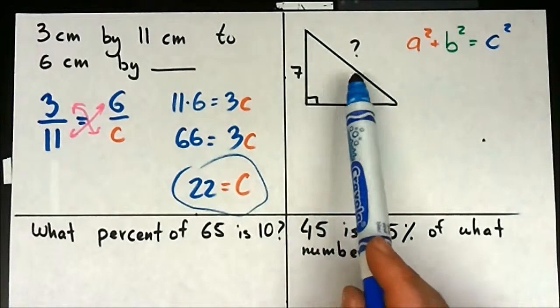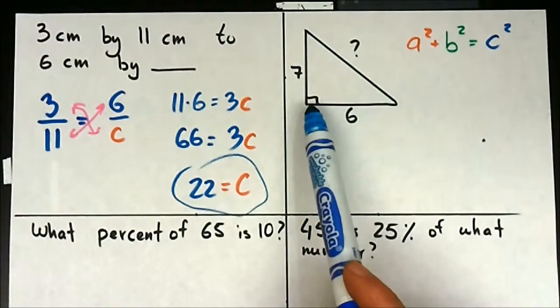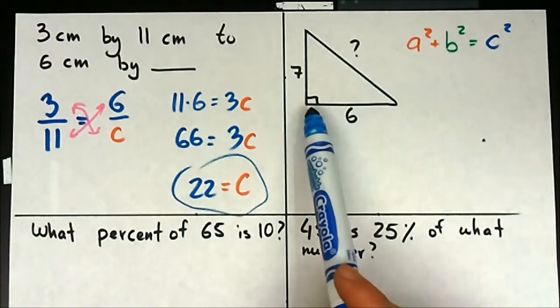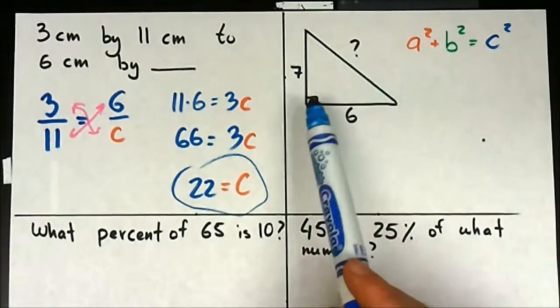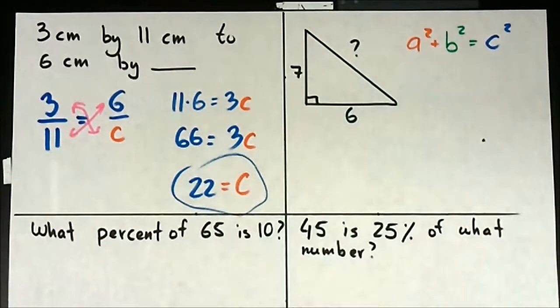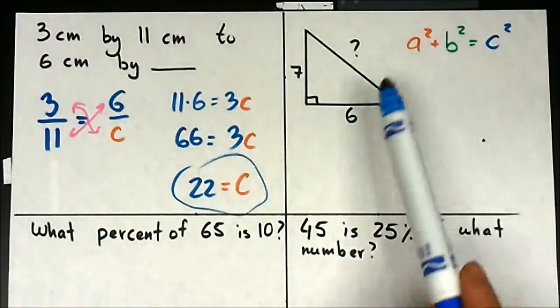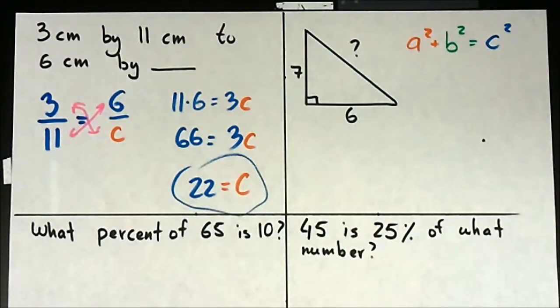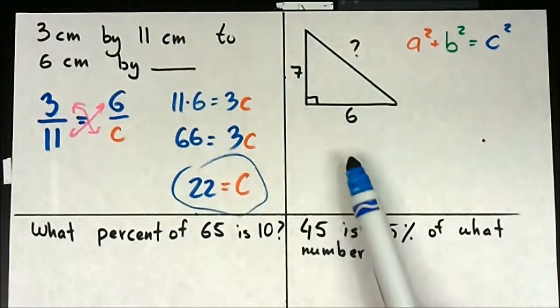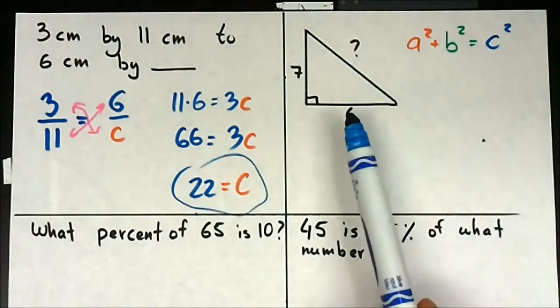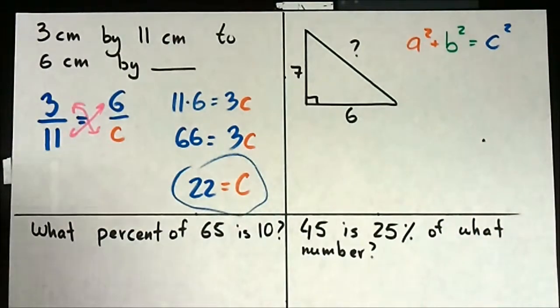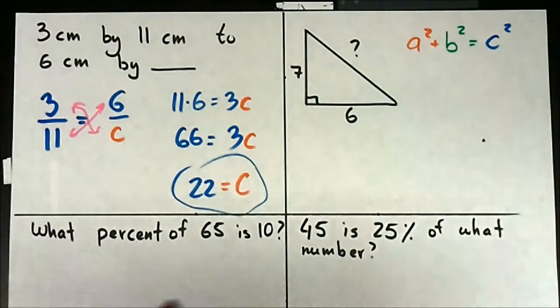Easily. The longest side is always in front of the right angle. The right angle is the biggest angle in a right triangle, and the longest side is going to be in front of the biggest angle. Kind of makes sense. Biggest angle, biggest side. So that's missing, that's C. Shortest side is going to be A, middle side is going to be B. These two, you can switch them around, but I just like to write A as the shortest, B as the second shortest.